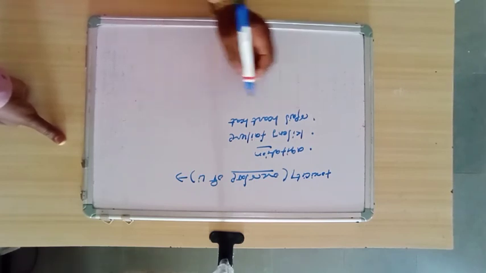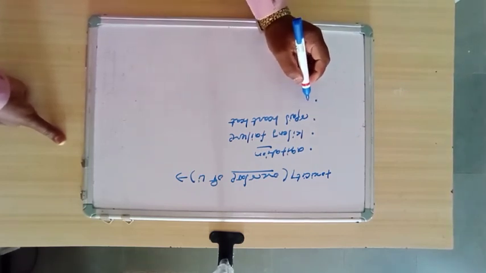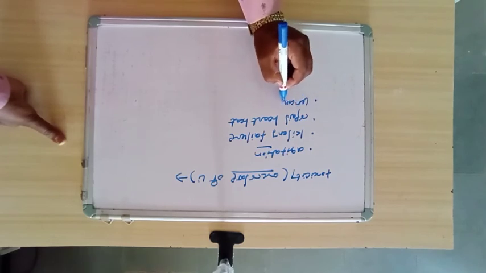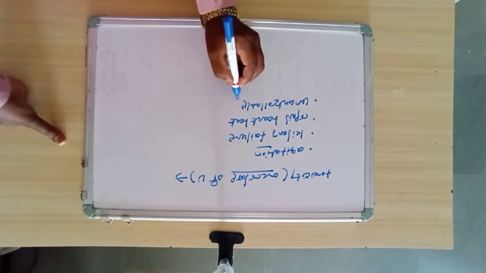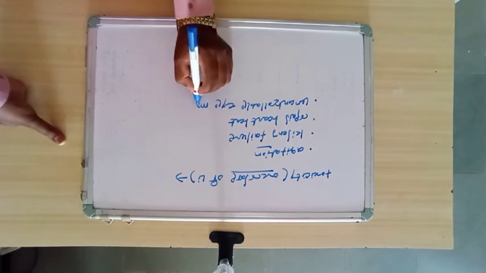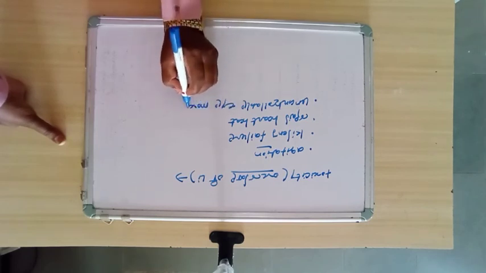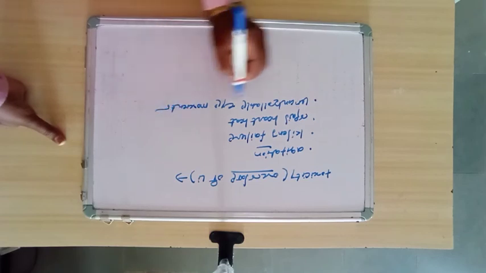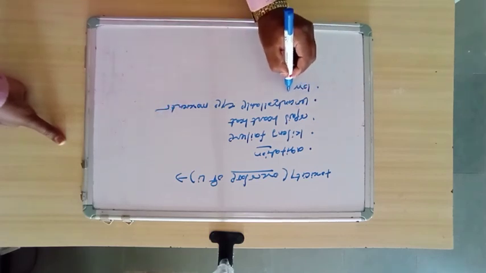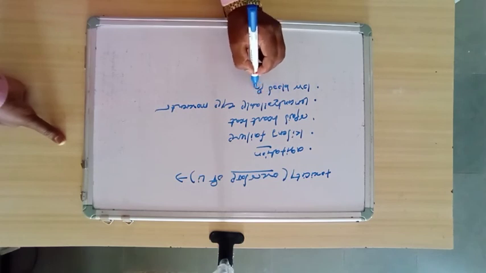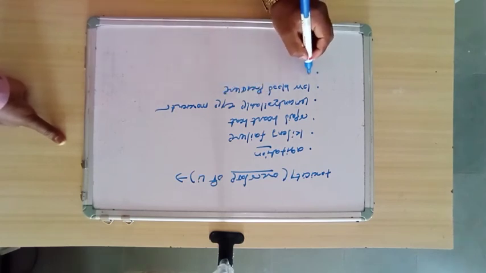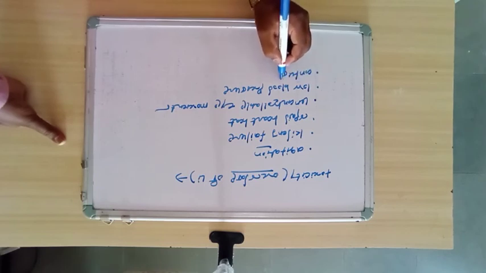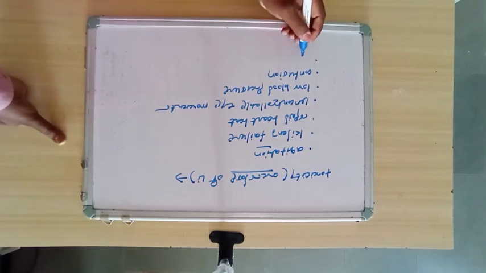Then the next one, uncontrollable eye movements. Again, low blood pressure. Then confusion, and due to the high toxicity of lithium, the person goes into coma.